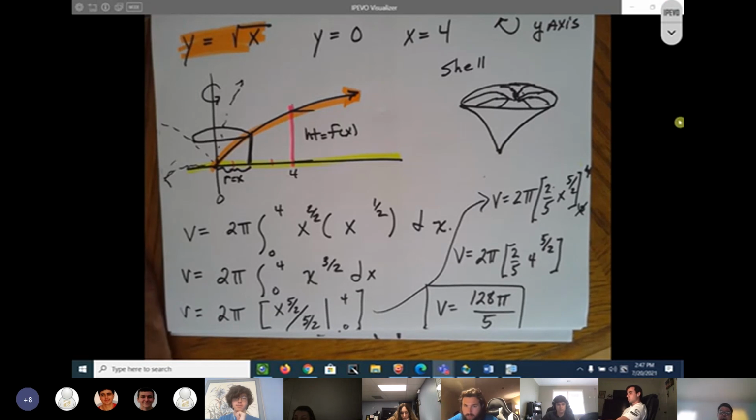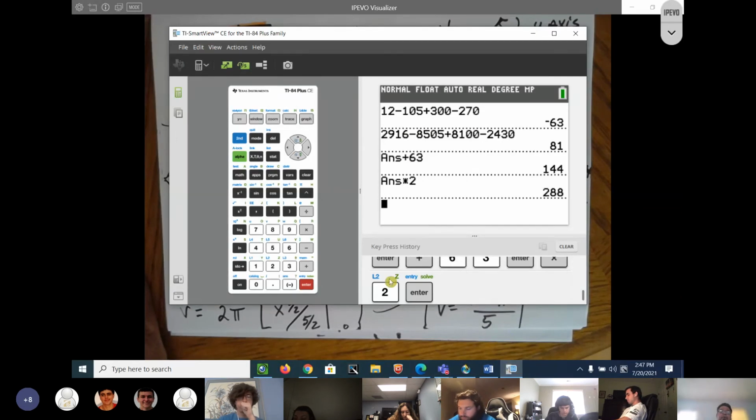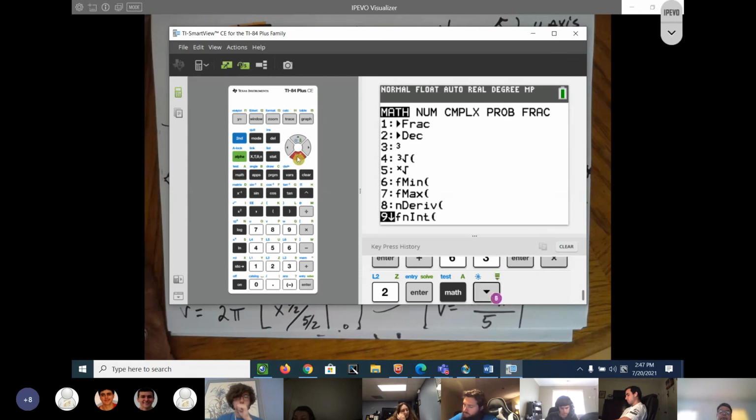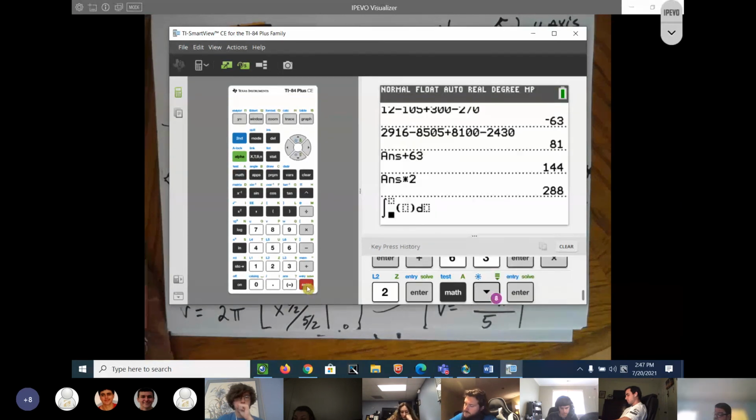Now let's take our handy dandy calculator. And since we're multiplying right here, we got to do x to the 3 halves. So that would be math, antiderivative from 0 to 4 of x to the 3 halves.